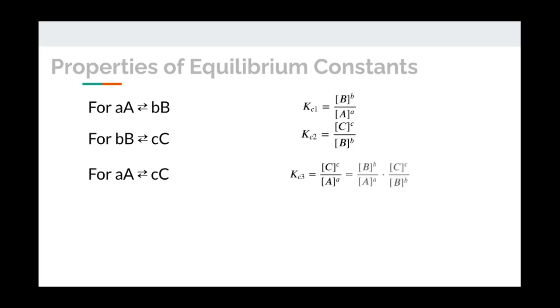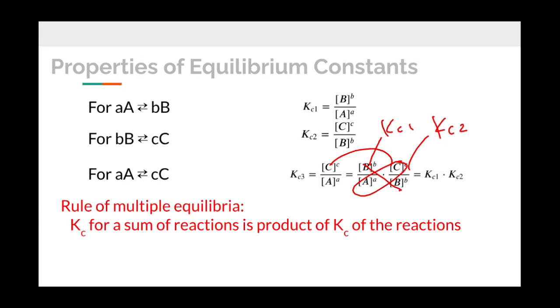But that could be rewritten as B to the b over A to the a times C to the c over B to the b. And B to the b would cancel out, and that just gives you that Kc. But this was Kc1, and this was Kc2. So we have this rule called the rule of multiple equilibria that says that the Kc for a sum of reactions is the product of the Kc's for the original reactions.